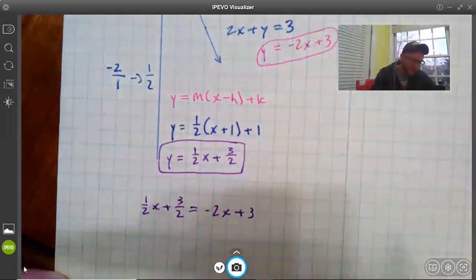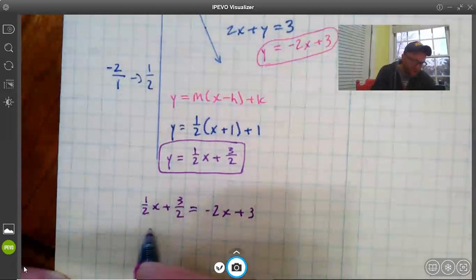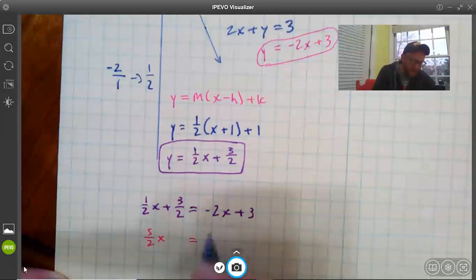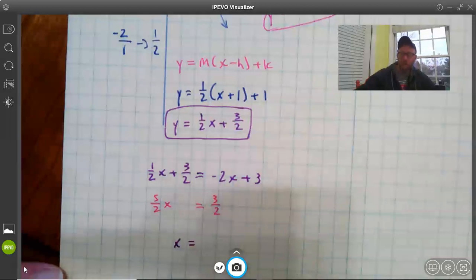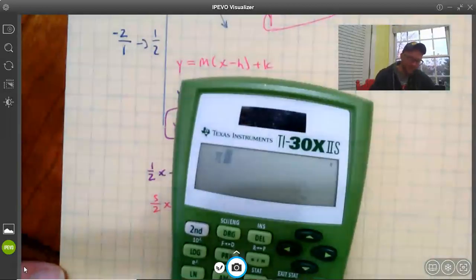Let's see. I'll add 2x to each side. That gives us 5/2 x equals, I'll subtract 3/2 from each side. 3 minus 3/2 is 3/2. And then I'll divide by 5/2 on each side. And here's where I would just bring in my trusty calculator.